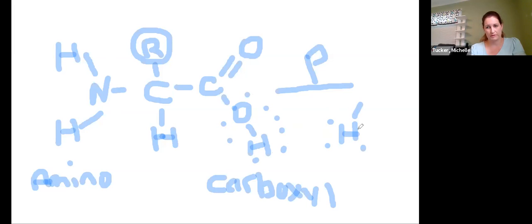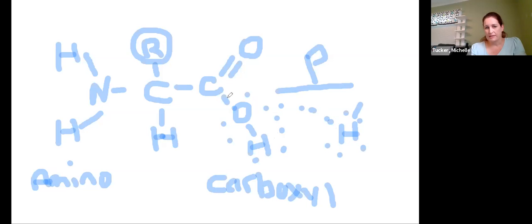Just bear with me that there's another one on the other side. So you take this hydrogen from amino acid number 2, and you can see, hopefully, how you would form H2O from here to there. So you would form a water.